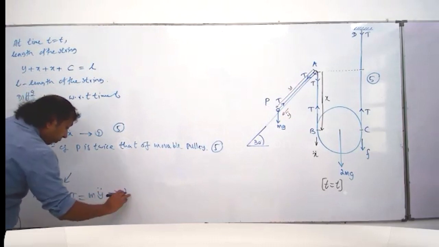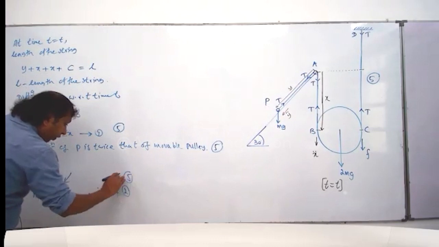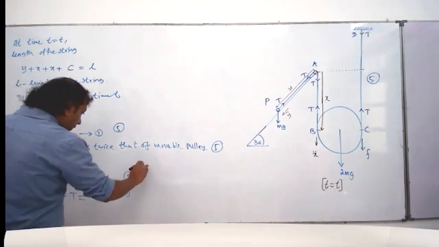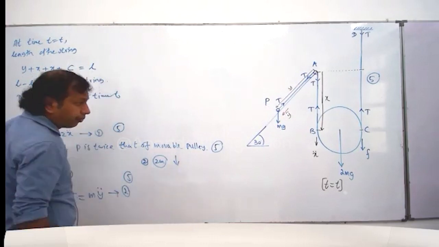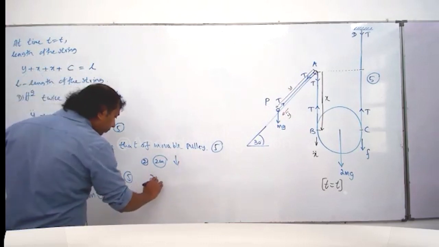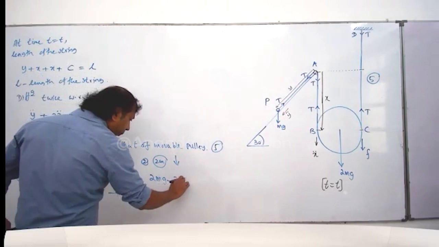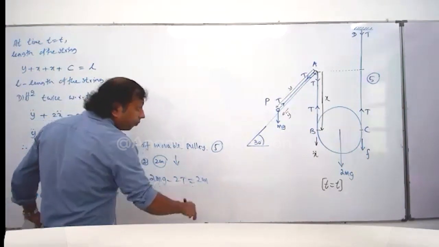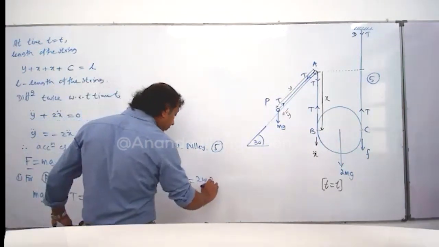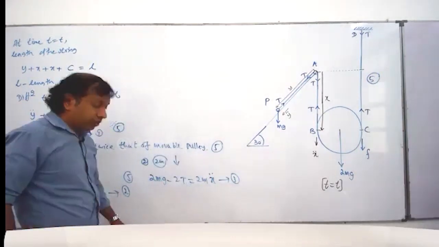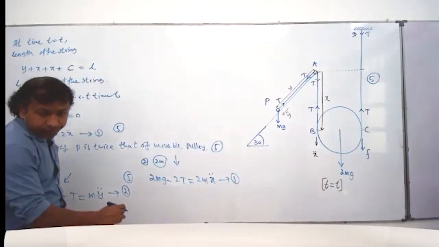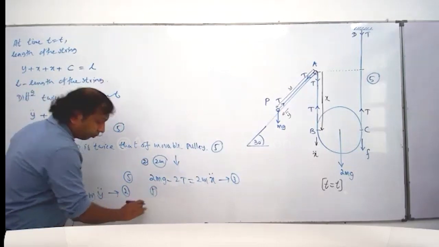Number 2, for this 5 marks. Number 2, 2m. We apply downward: 2mg minus 2T equals 2m x double dot. This is number 3. Then this one 5 marks. This series.